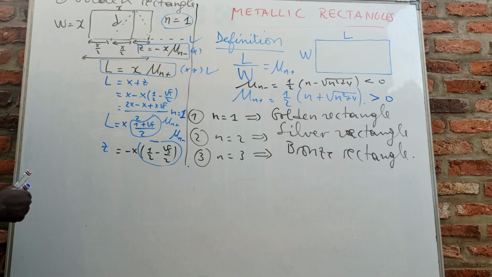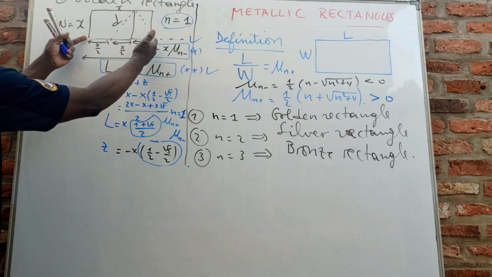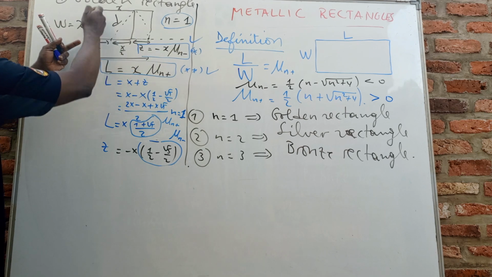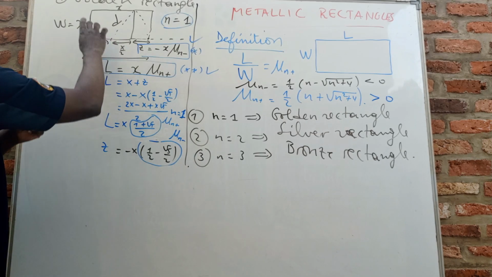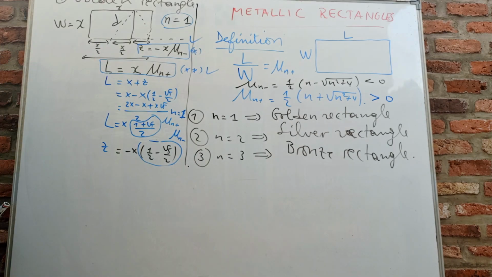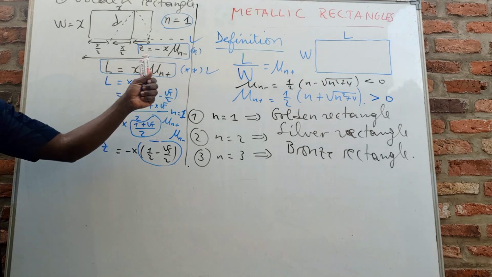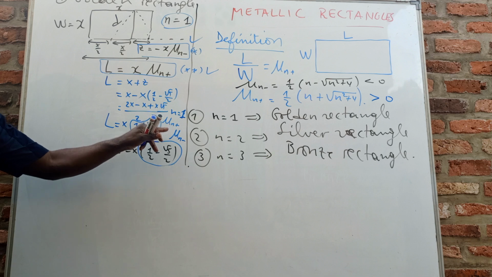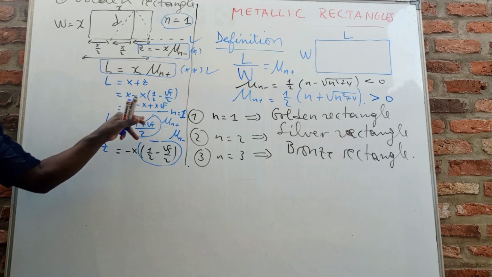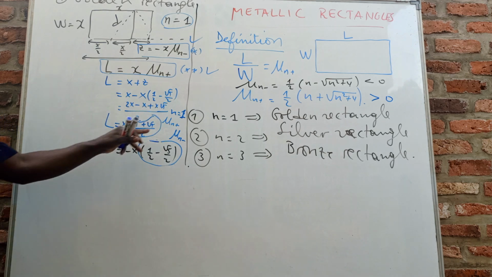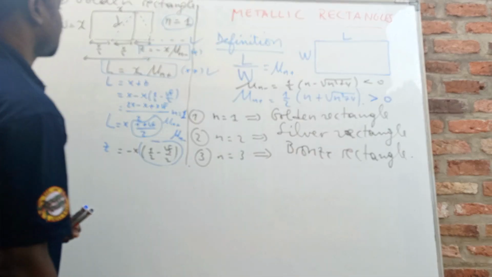And what it means is that the length of this rectangle divided by the width is clearly equal to exactly this value, 1 plus the square root of 5 over 2, which is the golden ratio.